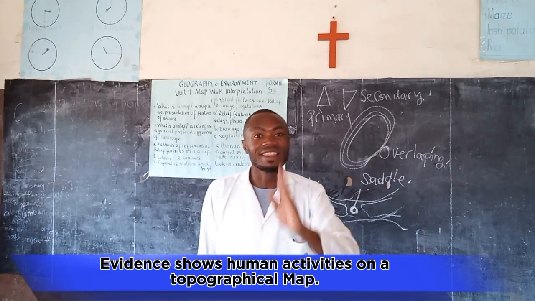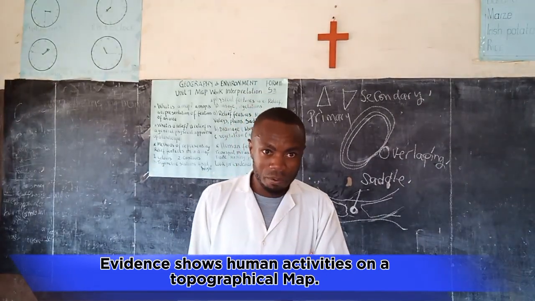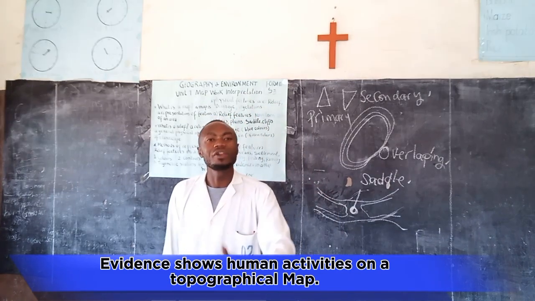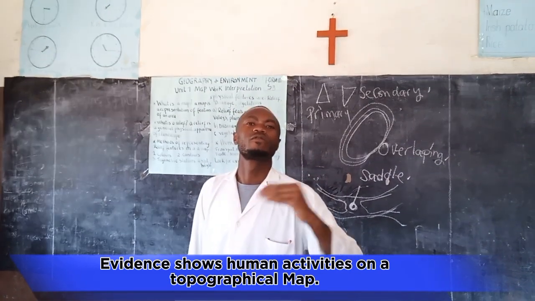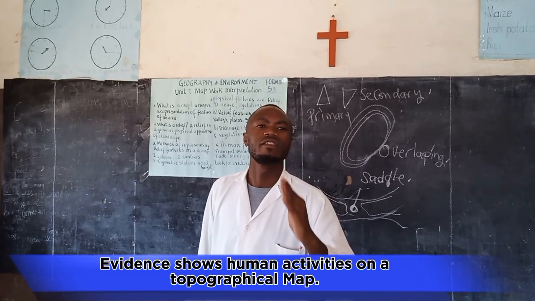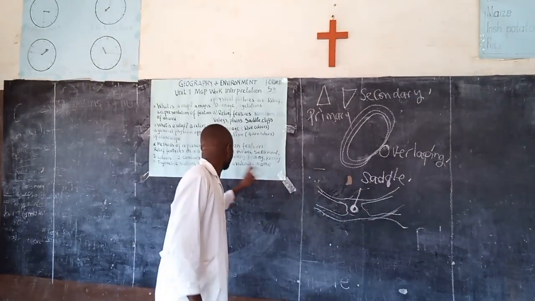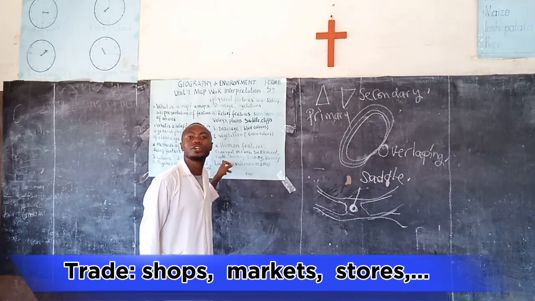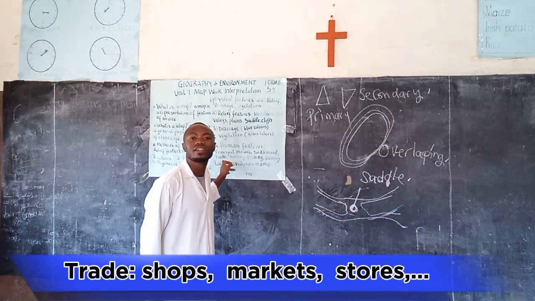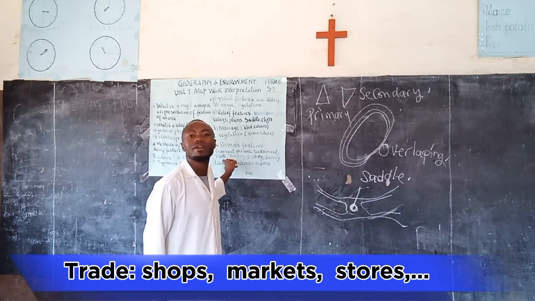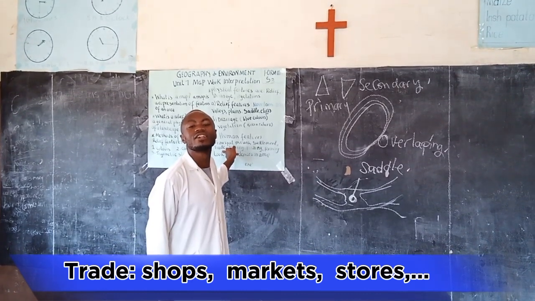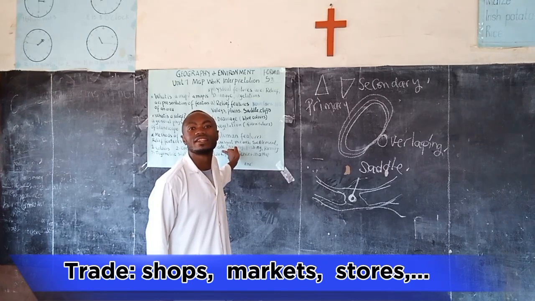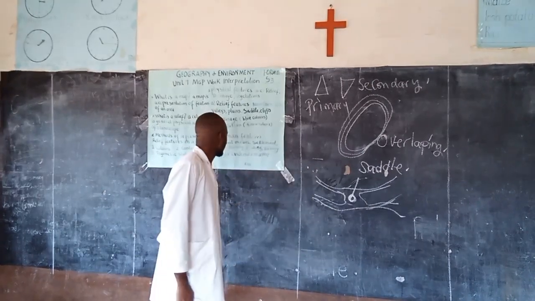You will find the evidence on the key, showing economic activities of human settlement. Example, where there is trade, making sure your key has shops, market, stores. That place there are trading activities.